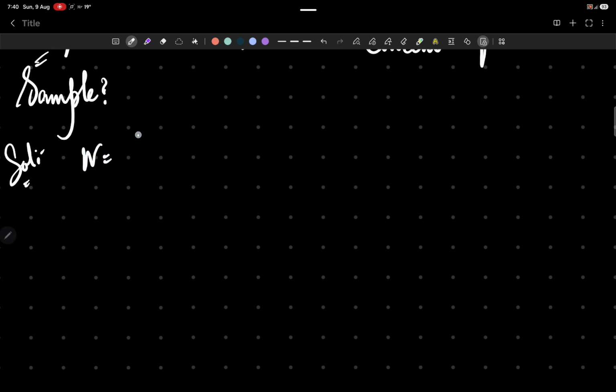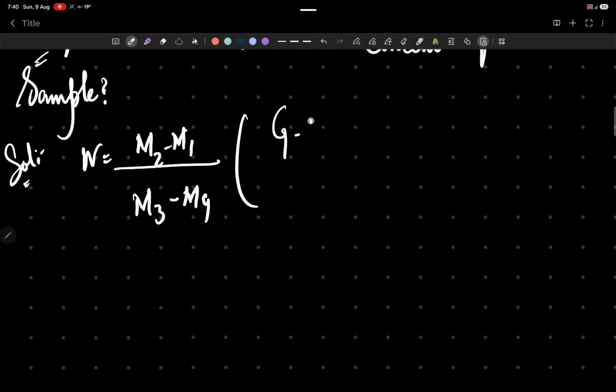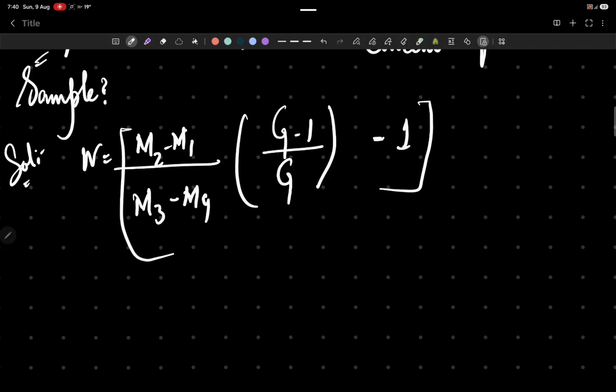Water content is M2 minus M1 divided by M3 minus M4, into G minus 1 divided by G, minus 1, into 100. This is the general equation for finding the water content using the picnometer method.